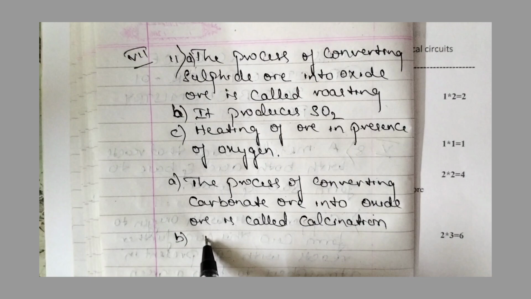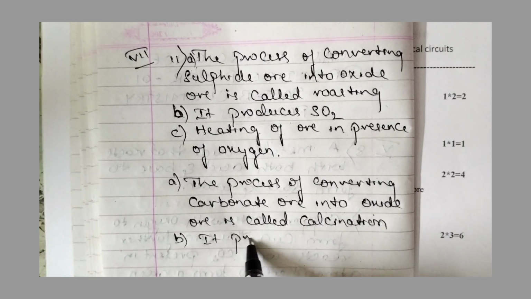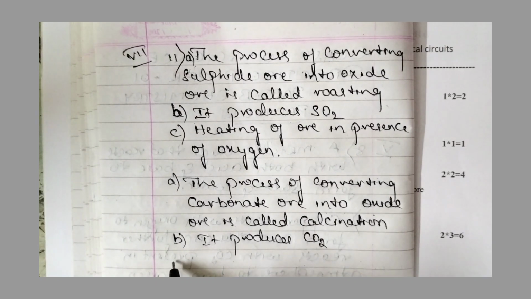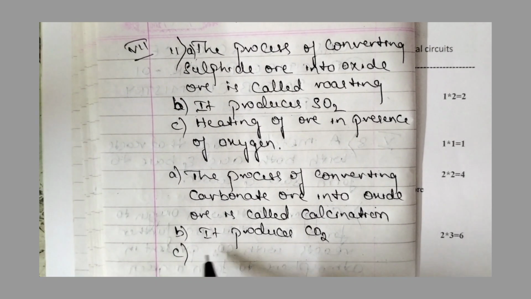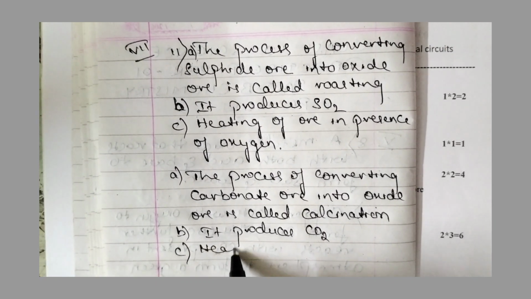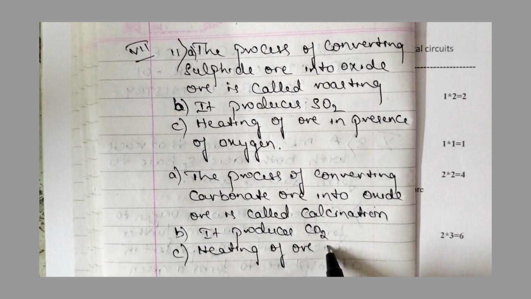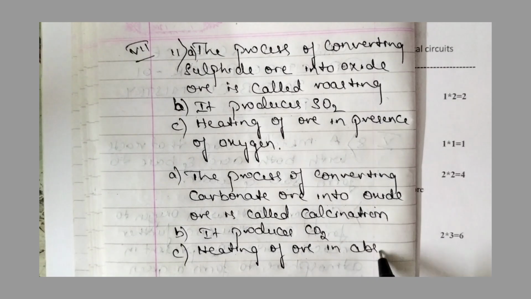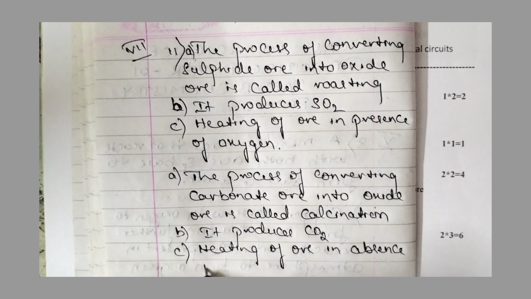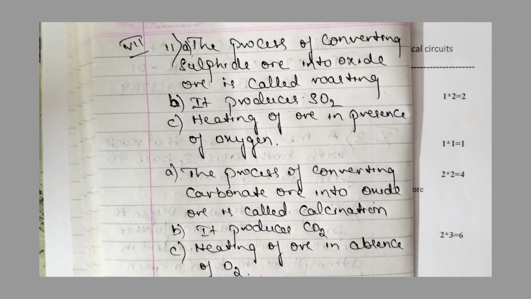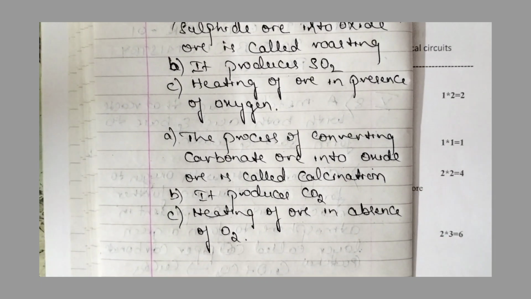During calcination, it produces carbon dioxide. And the third point is heating of ore in the absence of oxygen. Without oxygen, we are heating the ore. So these are the points.